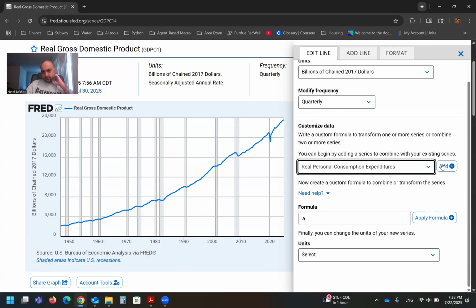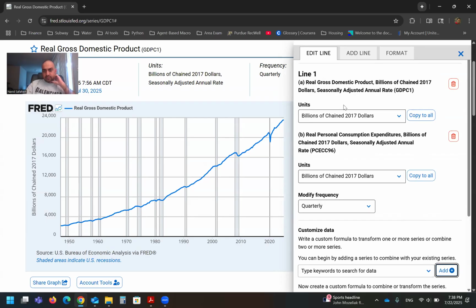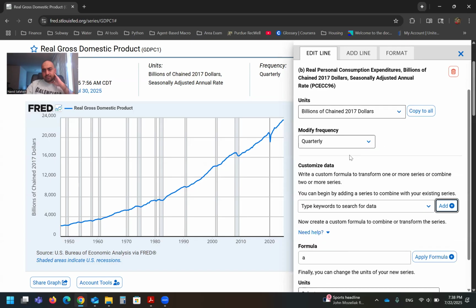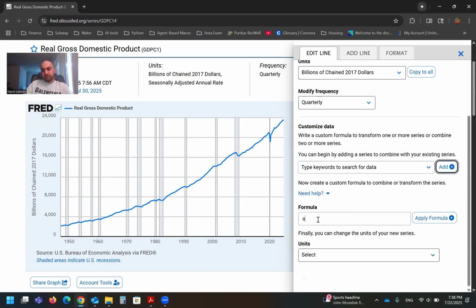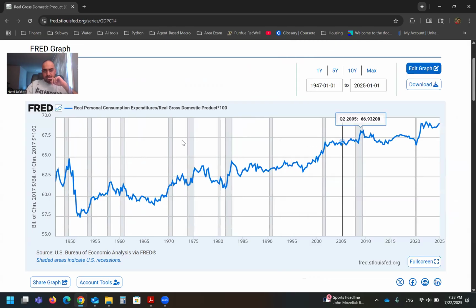Quarterly, yes, and add that line. Right now we are making the first line, and for the first line, we have these two variables, real GDP and real consumption. Real GDP is A and real consumption is B. To make the first line, we need B over A times 100. Okay, so now we made the first line in the graph.